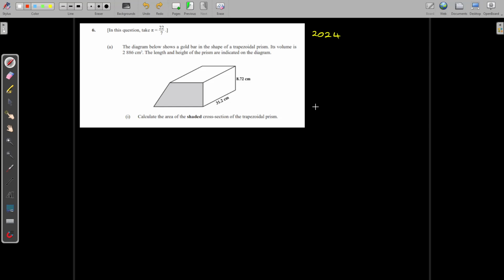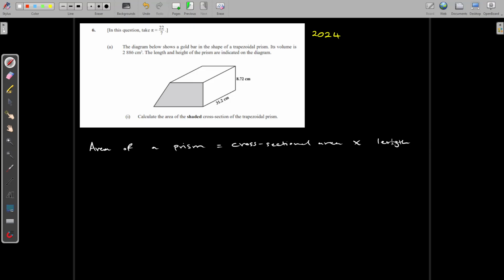Alright, so this one is pretty simple. Firstly, we can establish the volume of a prism. The volume of a prism is just cross-sectional area times the length.